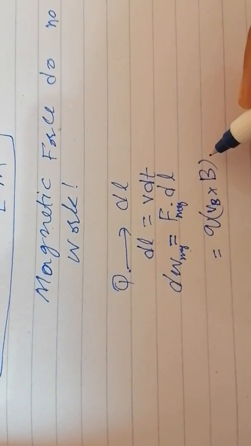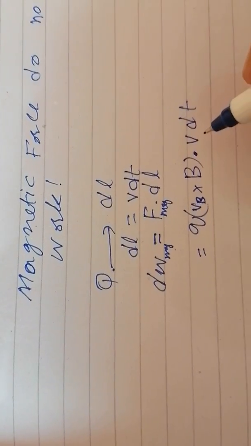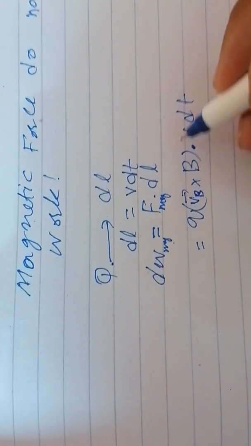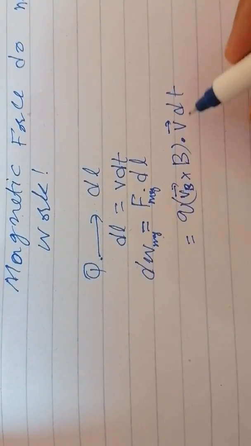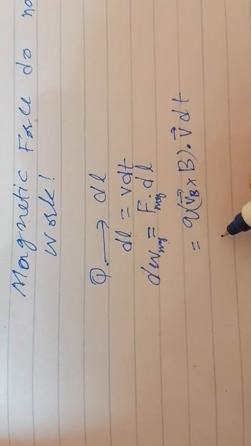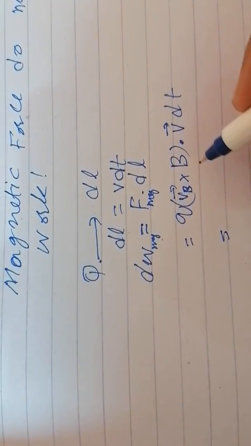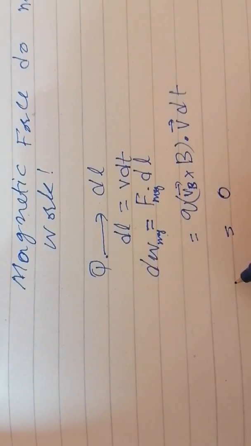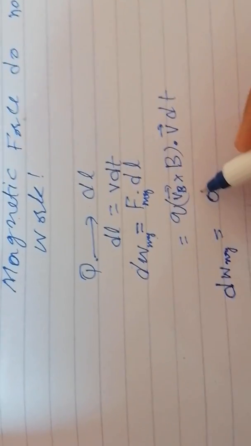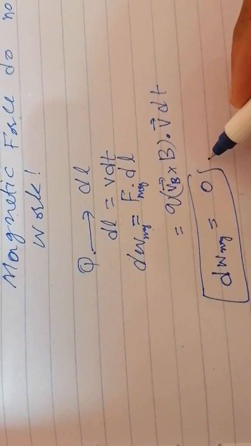We take the dot product with dl, which is equal to v dt. If you cross a vector with itself, the resulting vector is 0, a null vector. So v cross B dotted with v will be equal to 0. So the magnetic work is equal to 0. The magnetic field cannot do work.